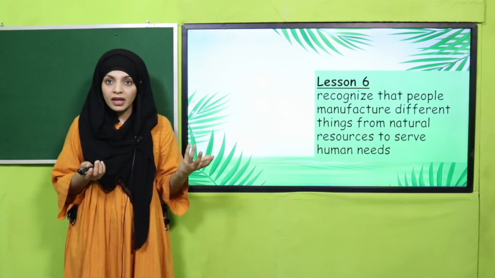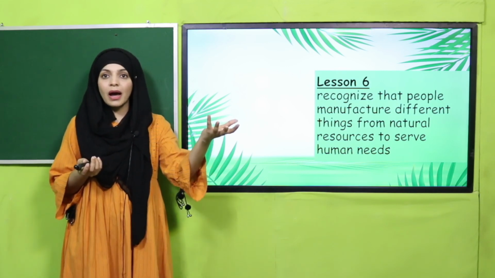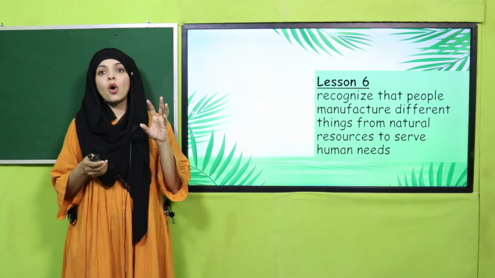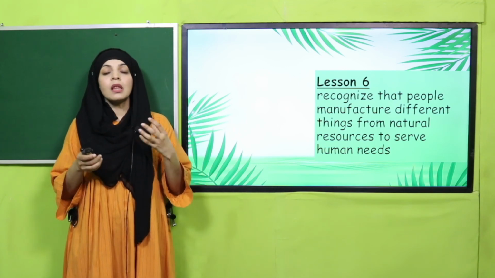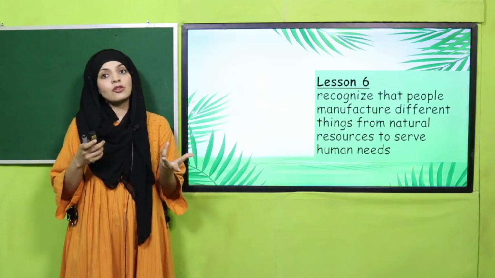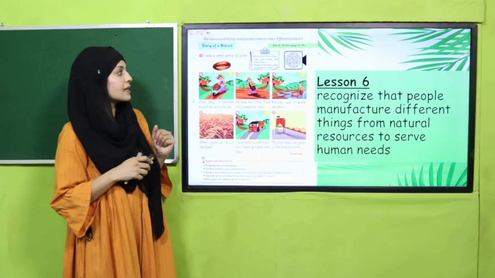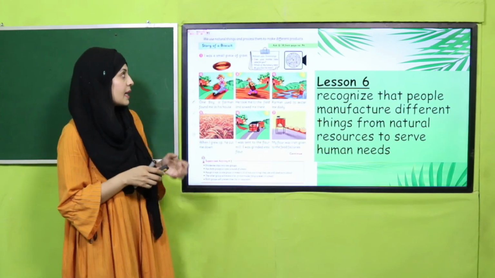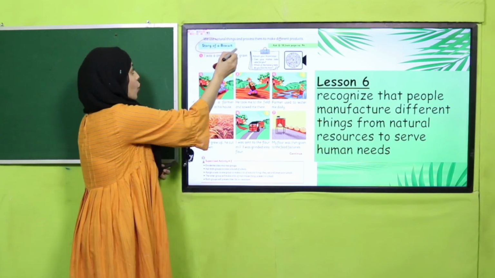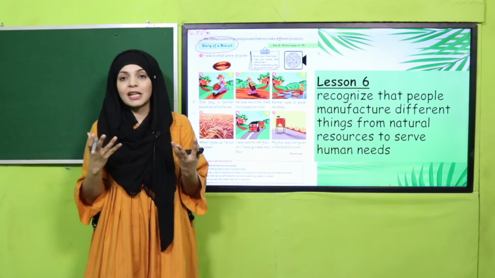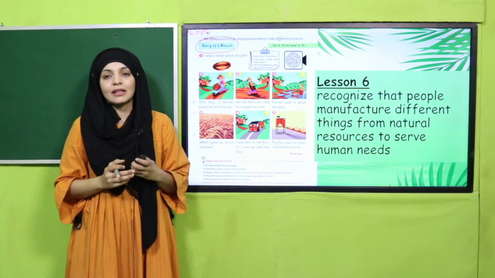Wheat is a natural thing. It grows from the ground. So this is how people make different things from natural resources. This will be discussed in lesson number 6, and we will discuss the story of a biscuit, how a biscuit is made. It will be great fun, and we will see it with pictures.